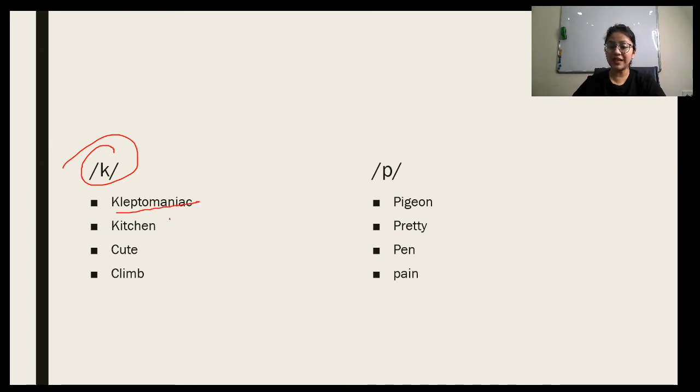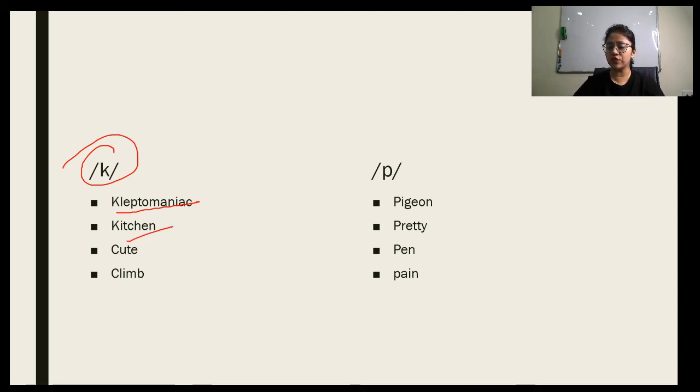So kleptomaniac is someone who has a habit of stealing, and that is because of a kind of illness that they have. So you could look up a clearer meaning in the dictionary. But for now, the word is kleptomaniac. So it's a difficult word and it's a long word. So it's nice to practice the K sound with this word.